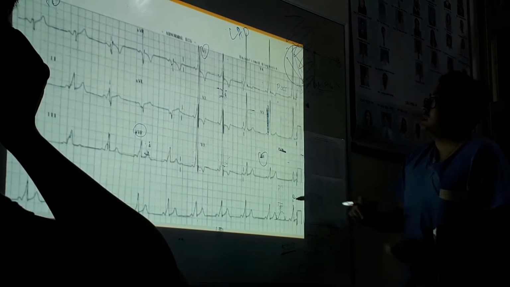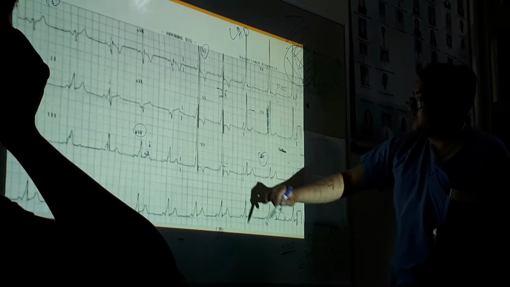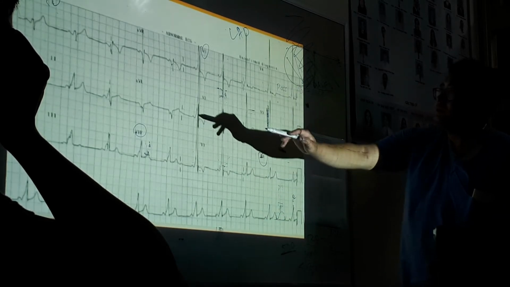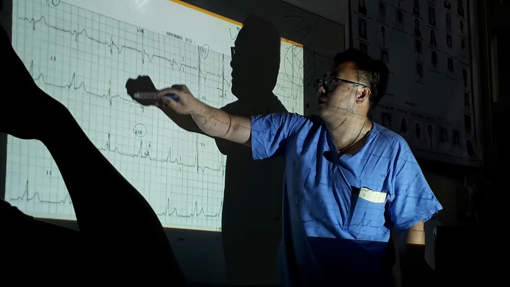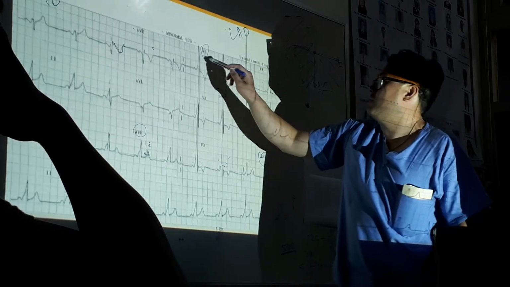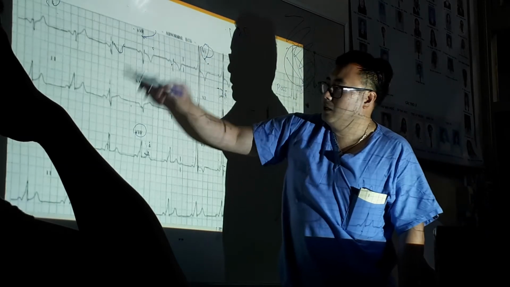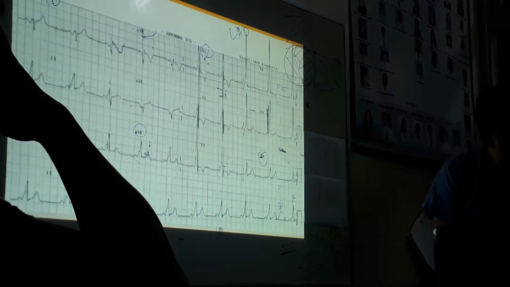Okay. So this one has T wave inversion, T wave inversion, T wave inversion, T wave inversion. Over there, ST, T wave is okay. T wave inversion in aVR is normal. T wave inversion in aVR and V1 is normal. Okay. 2, 3, and aVF, they all look okay.